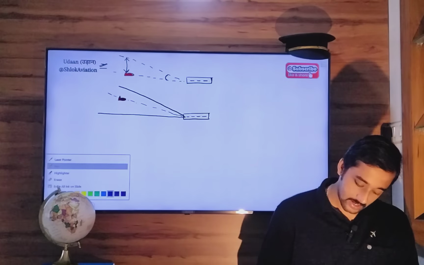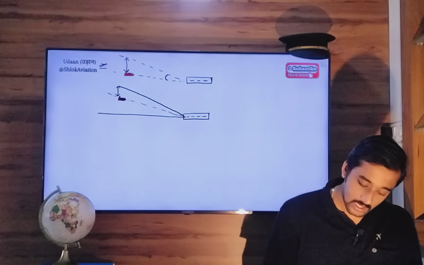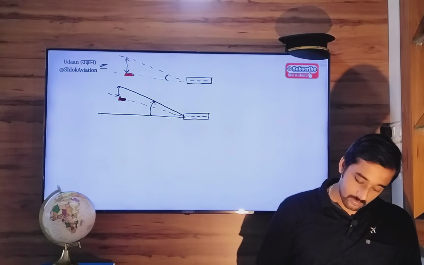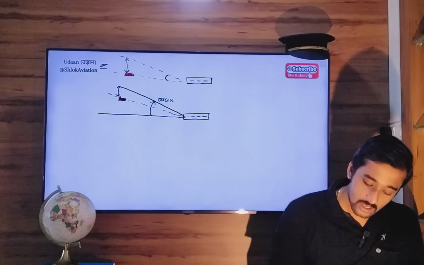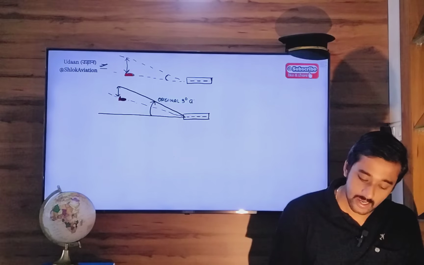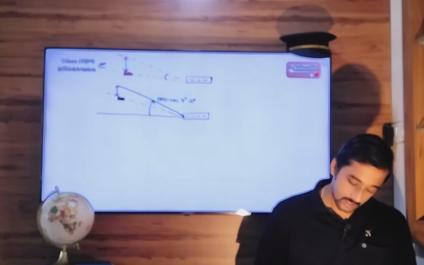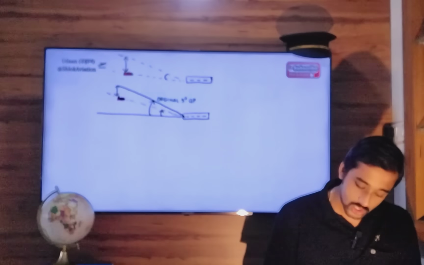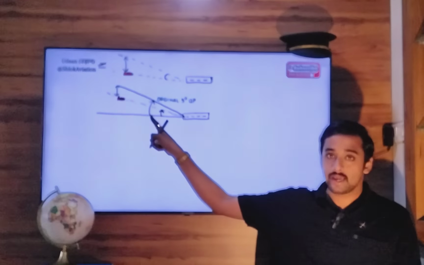So we have to find this vertical distance, this total distance. This is the original glide path. Okay, I'm labeling it. This is your original 3-degree glide path that aircraft must be following. But aircraft is little bit below that glide path. So the glide path that aircraft is actually following is only this much. Okay, this much. So this is totally 3-degree.